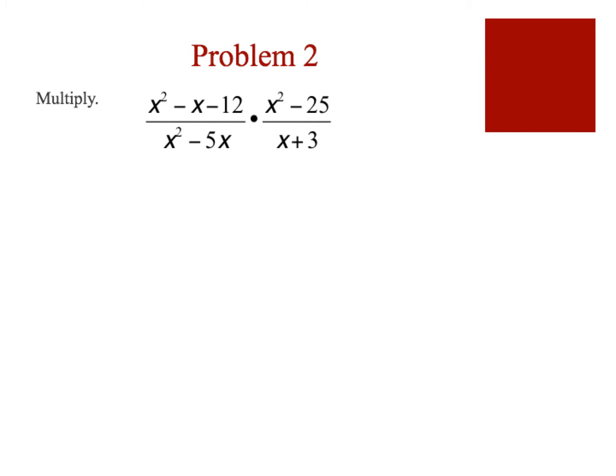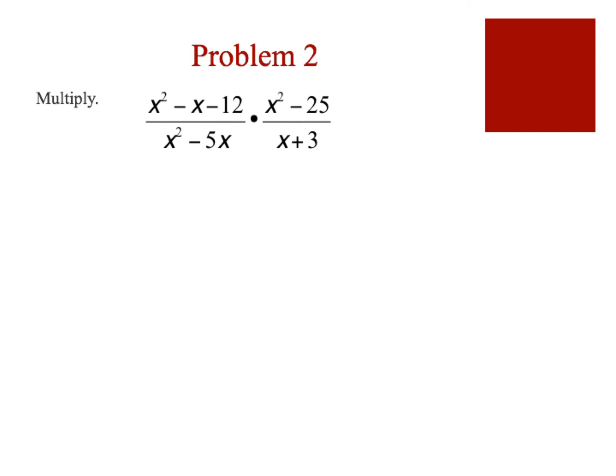Now for the last practice problem. Multiply (x squared minus x minus 12) divided by (x squared minus 5x) times (x squared minus 25) divided by (x plus 5). Okay, so I need to factor the polynomials.